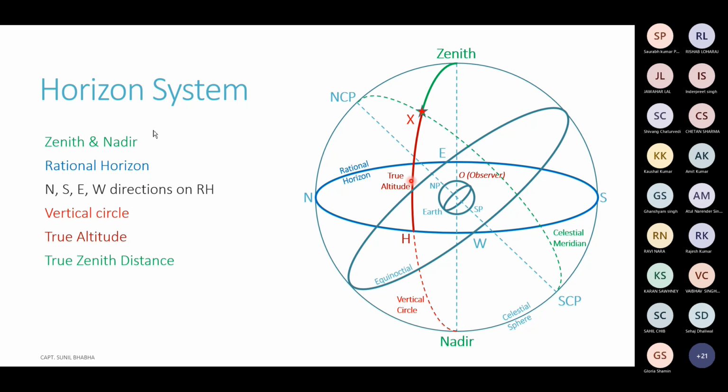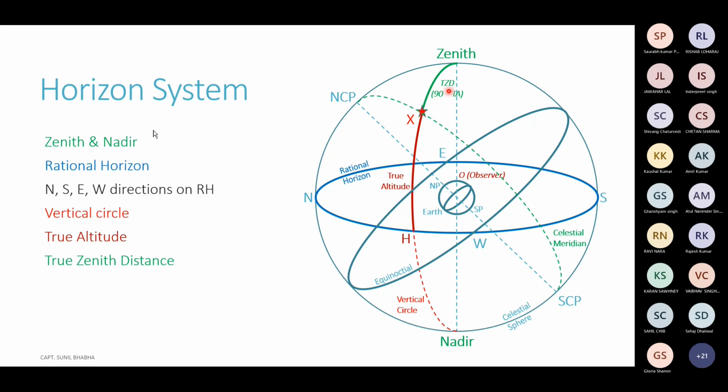And we know from H to X is the true altitude of the body. So it immediately tells us that the true zenith distance of the body, represented by this green color arc or ZX, will be equal to 90 minus true altitude.